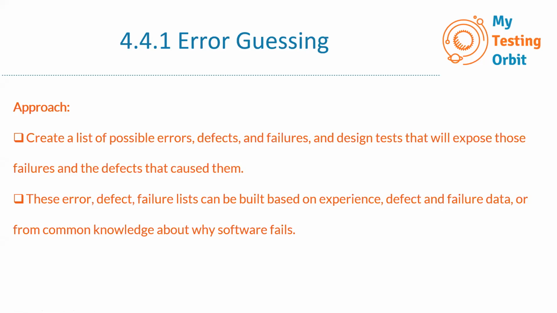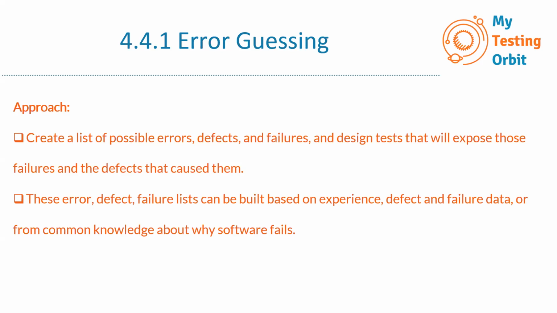Okay, so this is the approach given for how you can use this technique. We can recall what errors, defects, and failures were there last time, and create a list of that.